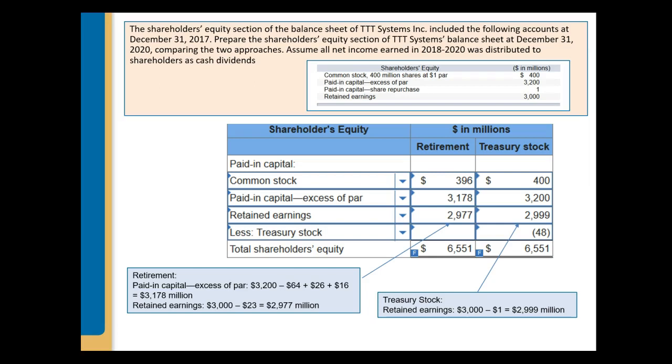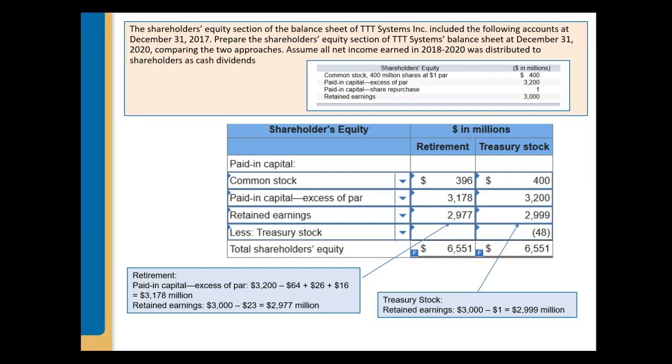If we treat it as treasury stock, remember our common stock par does not change. We don't debit our common stock like we did when we retired the shares. We debited treasury stock. So in that scenario, we have our less treasury stock of minus 48.